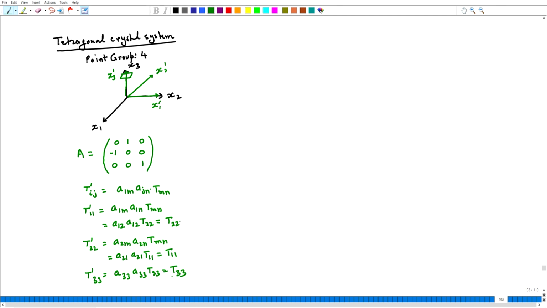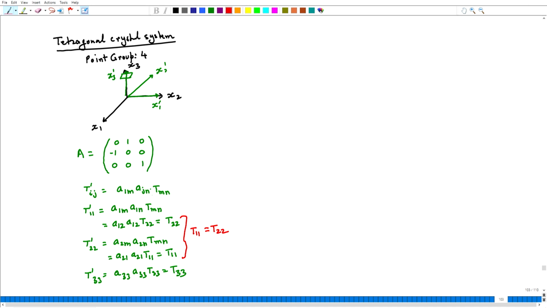What does this tell us? If I look at these two, T prime 11 and T prime 22, it is very clear that T11 has to be equal to T22 for the tensor to remain unchanged under the symmetry operation of fourfold rotation. While T prime 33 after rotation, T33 has the same component.